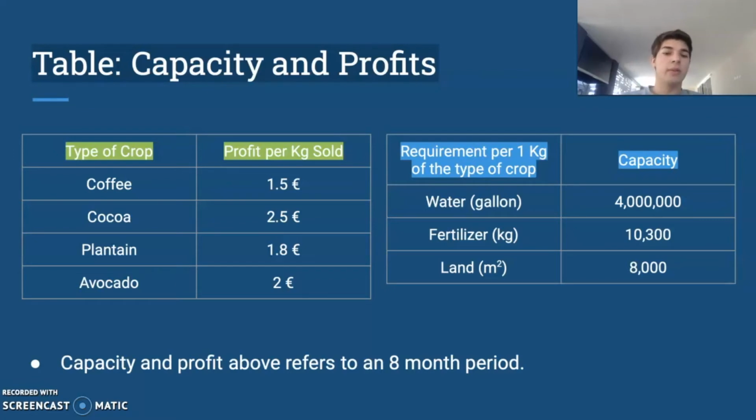The capacity for each resource is water 4 million, fertilizer 10,300 kilograms, and for land about 8,000 square meters. Again, this capacity and profit refers to a period of 8 months.